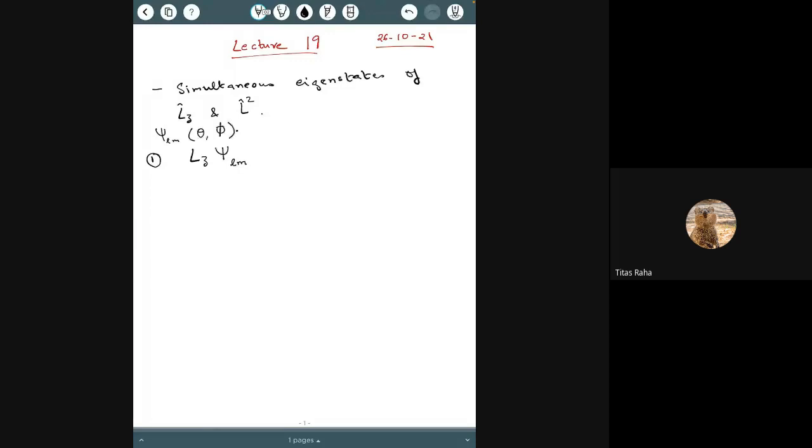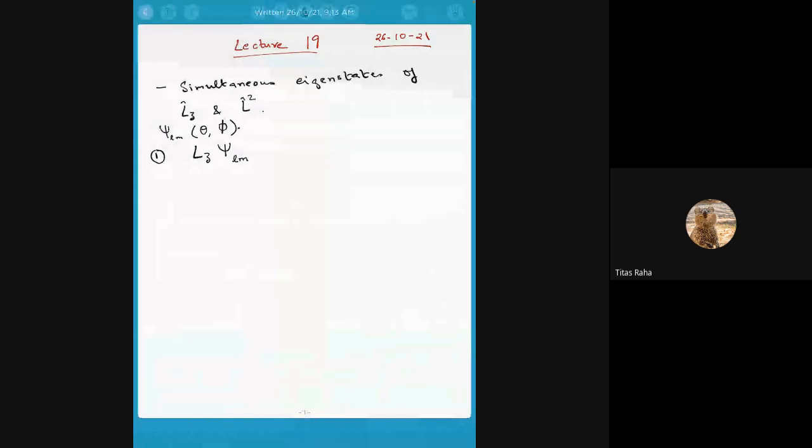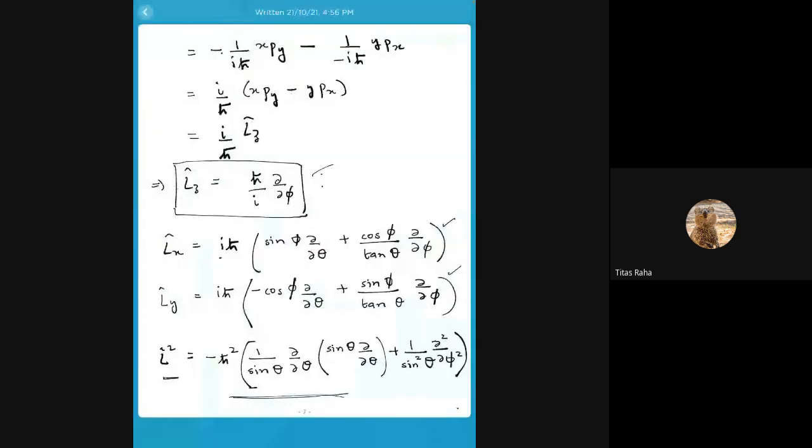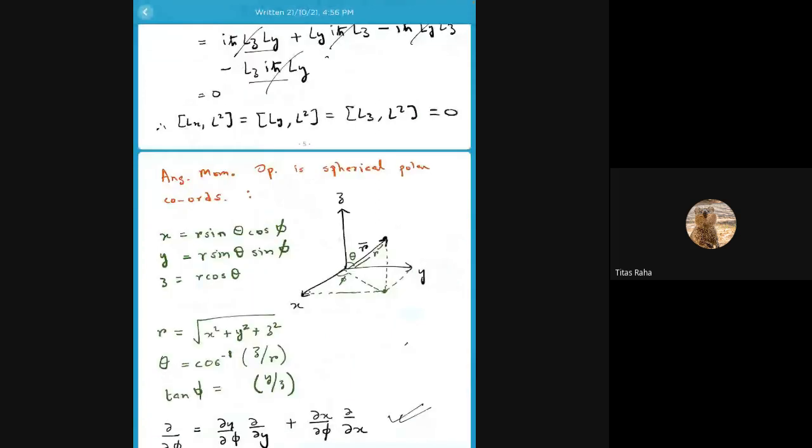If you remember the picture from before, phi is the angle with the x-axis and theta is the angle with the z-axis.